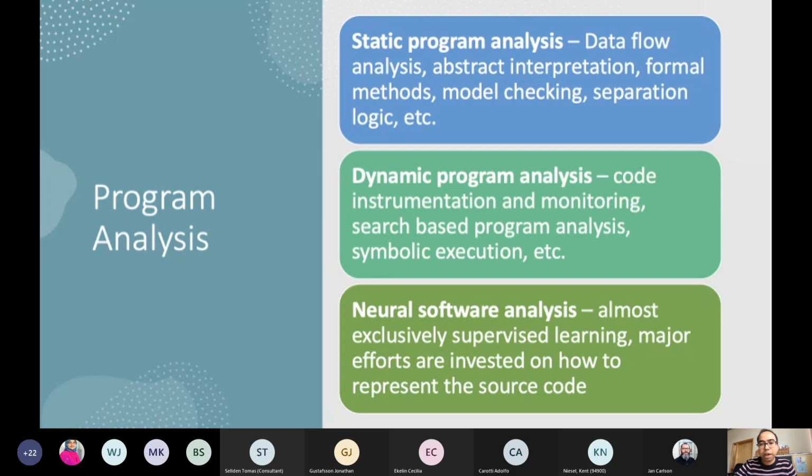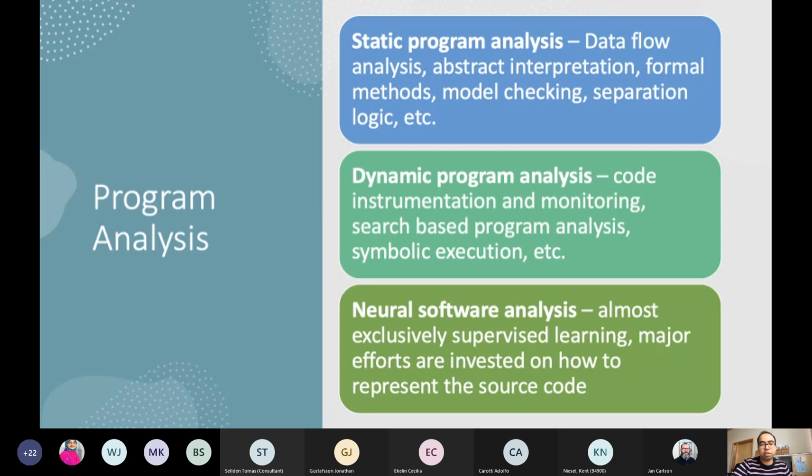The third kind is neural software analysis. It is a rising trend to solve many software engineering tasks such as code clone detection, code summarization, code smell detection, and so on. Almost all neural software analysis uses supervised machine learning techniques.